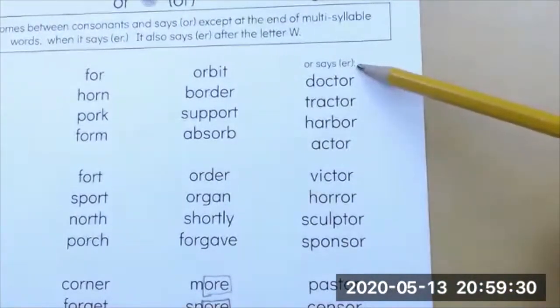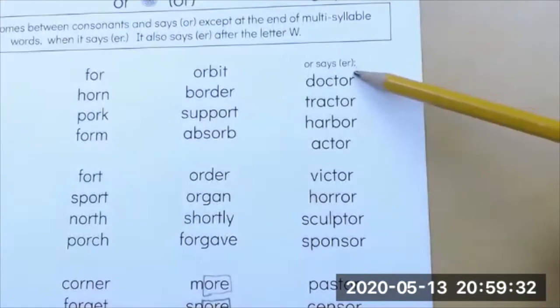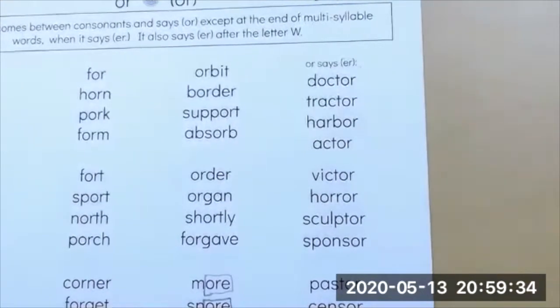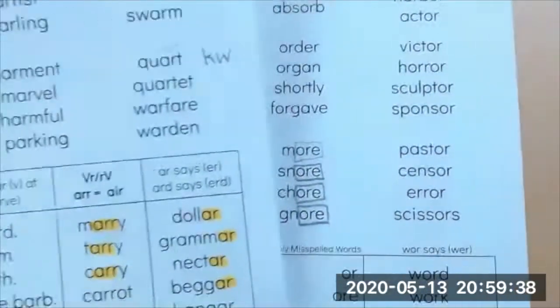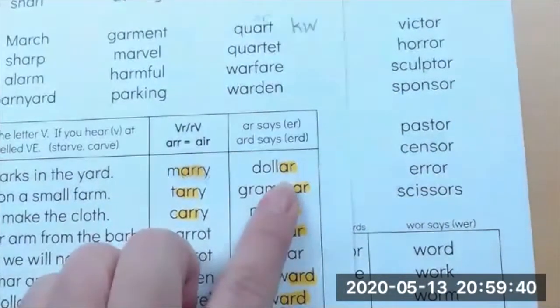OR says er at the end of a 2-syllable word. At that point, you can remind the child what you learned with your AR page and take that back out. Oh my gosh, AR said er at the end of a 2-syllable word too. They both say er.